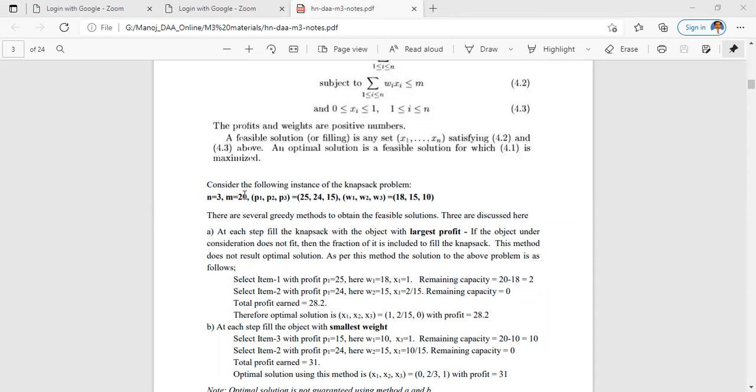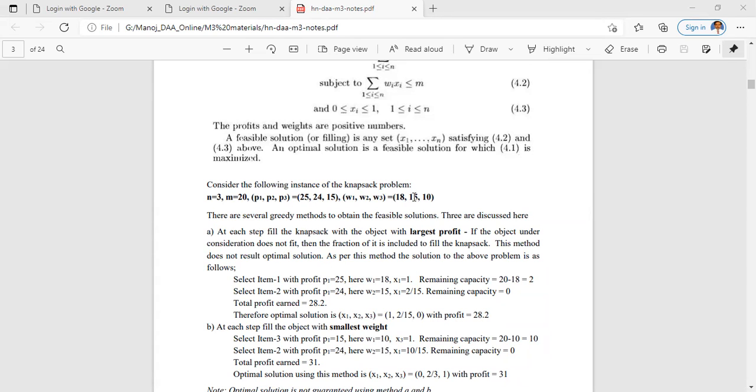If you place that item, the remaining capacity is 2.